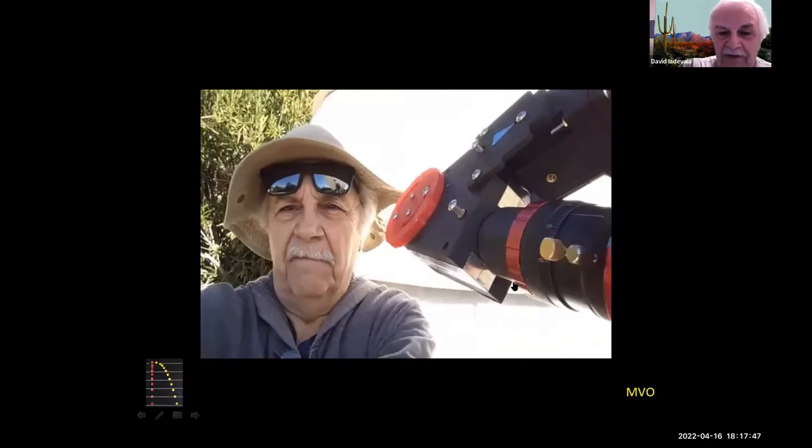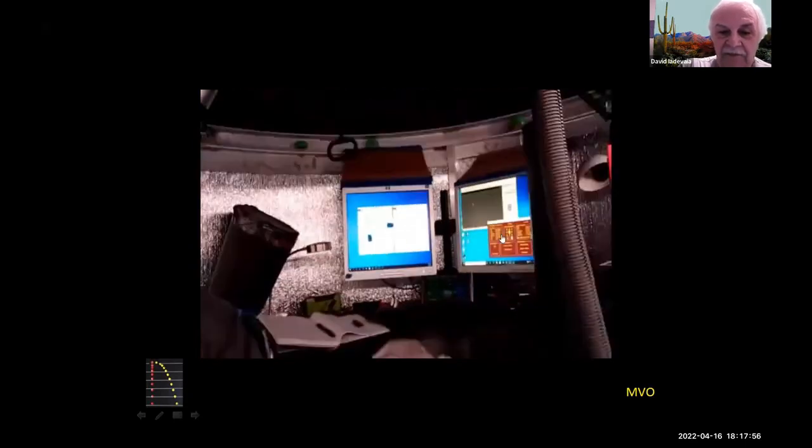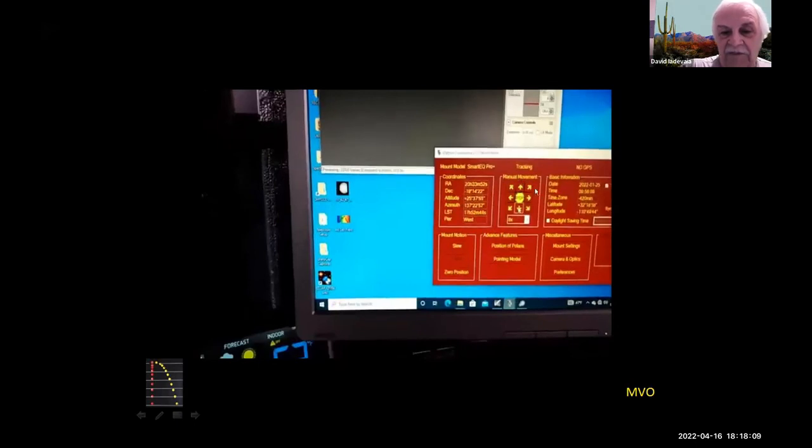So here we go, now inside the observatory. And what I have set up now is these two screens. One is controlling the program. One is controlling the detector and the telescope. So what I have to do is, these control the scan rate of the telescope.